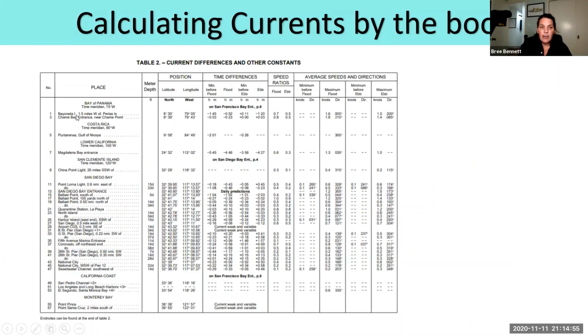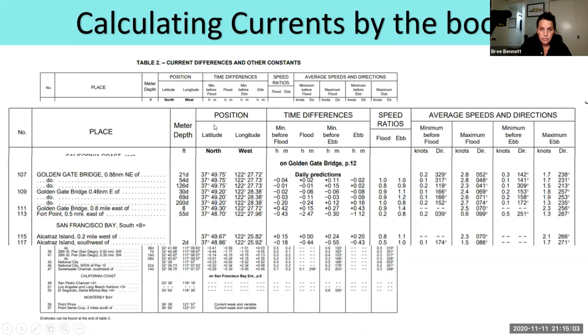Now we have our table 2 with all of our subordinate stations. So we have many, many, many subordinate stations. If we zoom in on it here, so here's subordinate stations. They give us a position, so it's always good to know that.